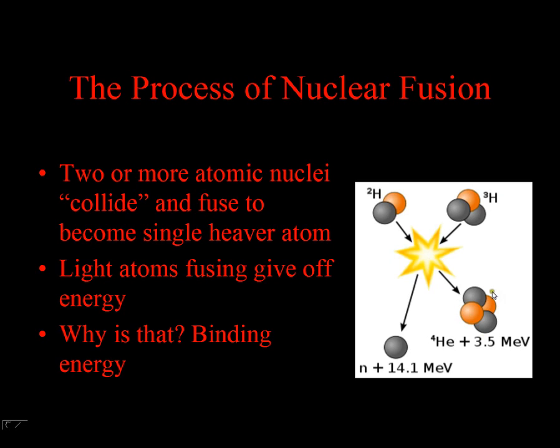And what we have is a resultant helium atom, helium-4, with a little bit of energy in the helium atom, and then we have a free neutron here that has a ton of energy. So the cool thing about fusion, specifically fusion of light atoms, light meaning their mass, not photons and light, is that when this fusion occurs, energy is given off.